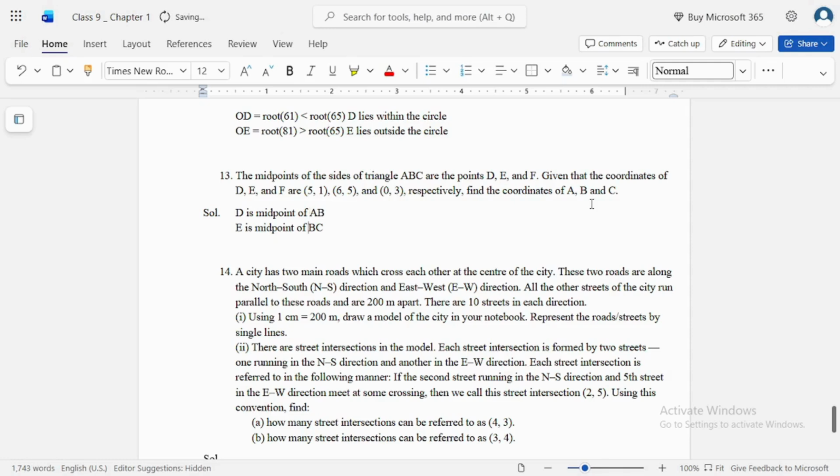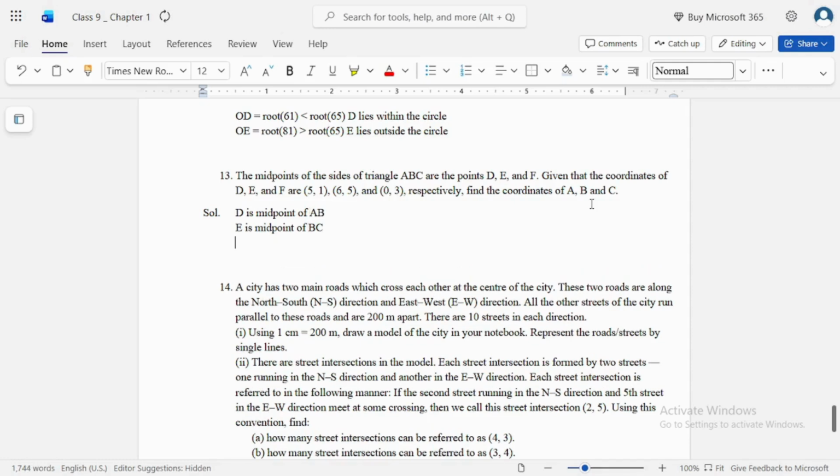And similarly F is midpoint of CA. So when we say D is midpoint of AB, how can we write it in mathematical form? We can say D equals A plus B divided by 2.